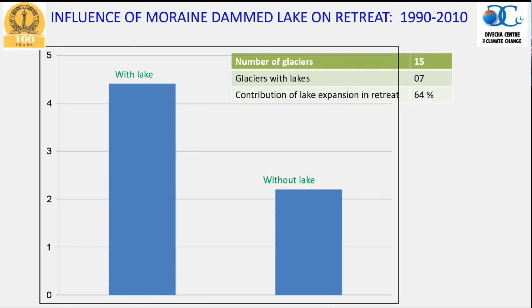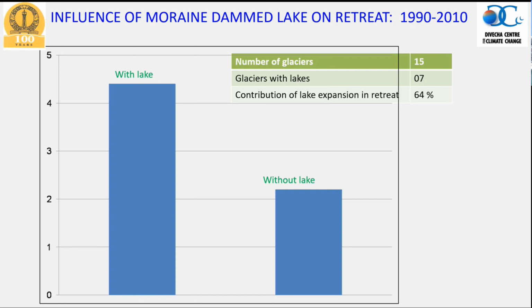Okay, so this is the work which is done in Sikkim by Smriti Basnet, and you can see here, if there is a presence of lake, if glaciers are associated with lakes, how much it can contribute to the melt.